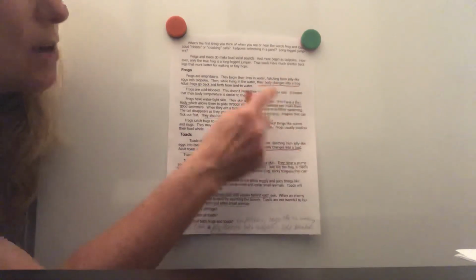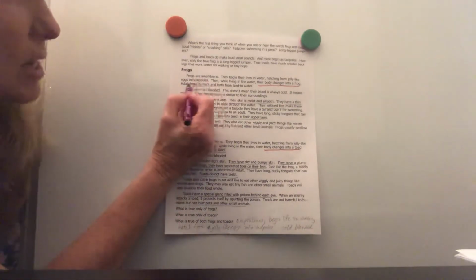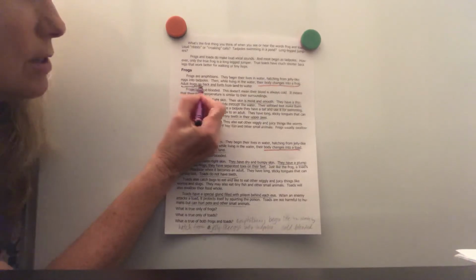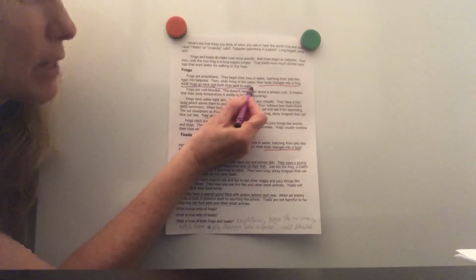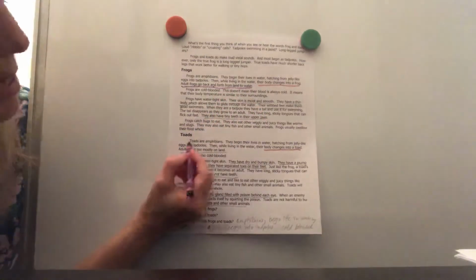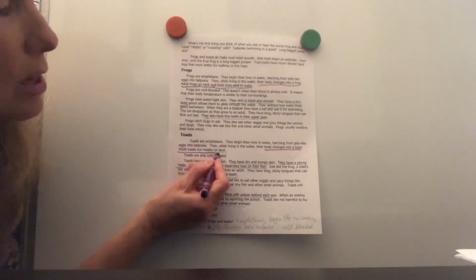So you see how they're different right there? And the next one I found was that adult frogs go back and forth from land to water. And down here, it says adult toads live mostly on land. So see, they're a little different.